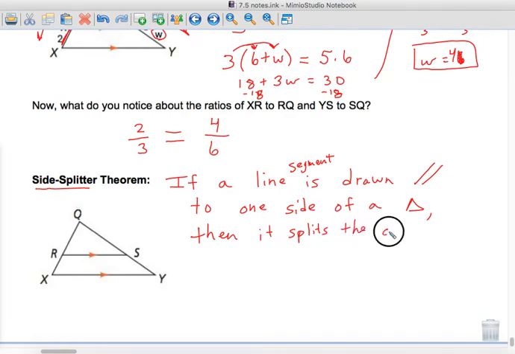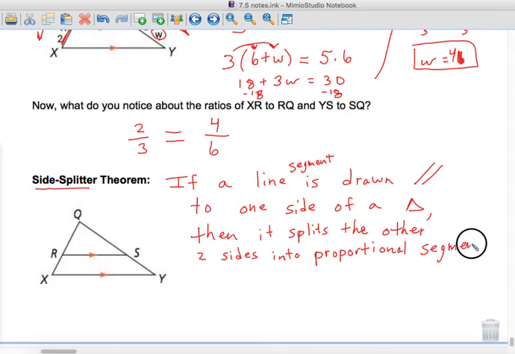It splits the other two sides into proportional segments. Okay, the line has to be parallel.